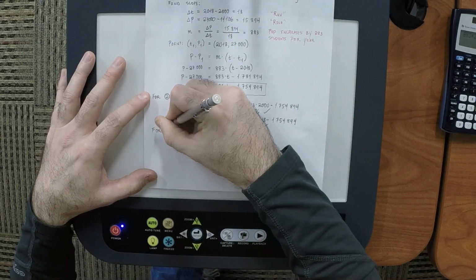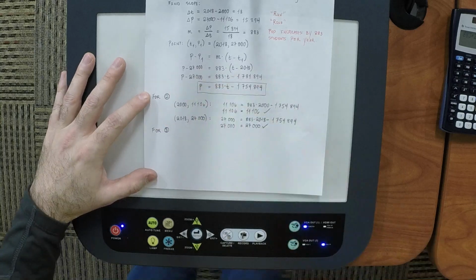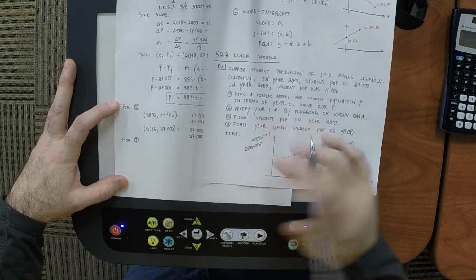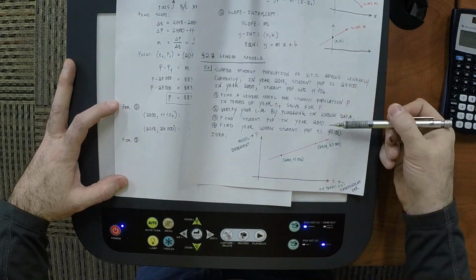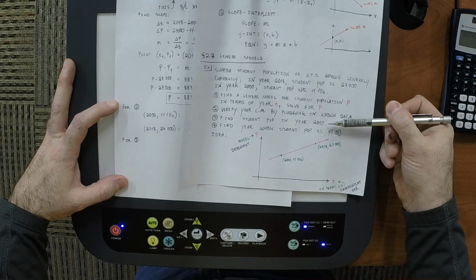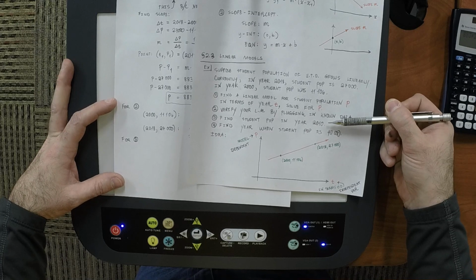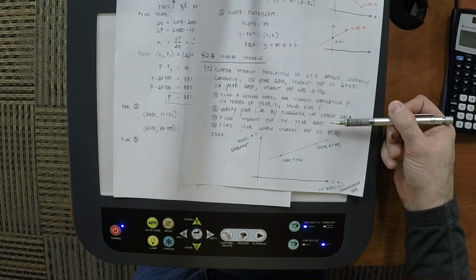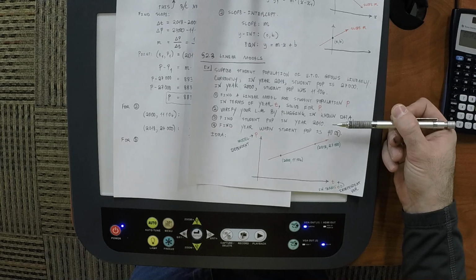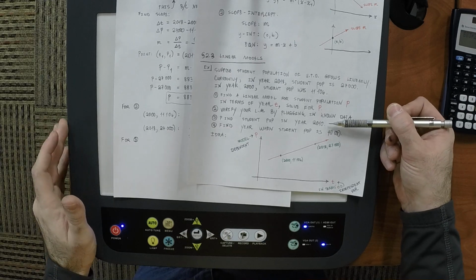For number 3, the request was, find the student population in year 2010. Okay, so that's the statement in English, but could someone translate that into a more mathy request?